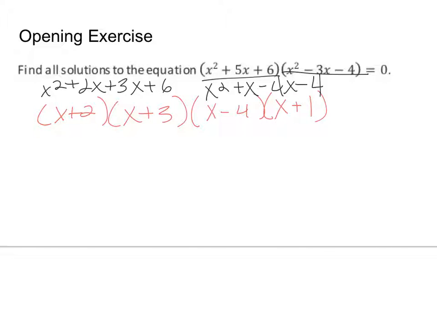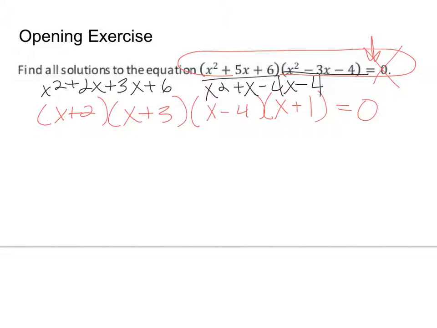Okay, the instructions say find all the solutions. Oh, this is equal to 0. When you have an equation, it is always equal to 0. So we find solutions. If this 0 weren't there, we would just simplify something, or multiply it and simplify it. But when we have equal to 0, we're trying to find all the solutions.